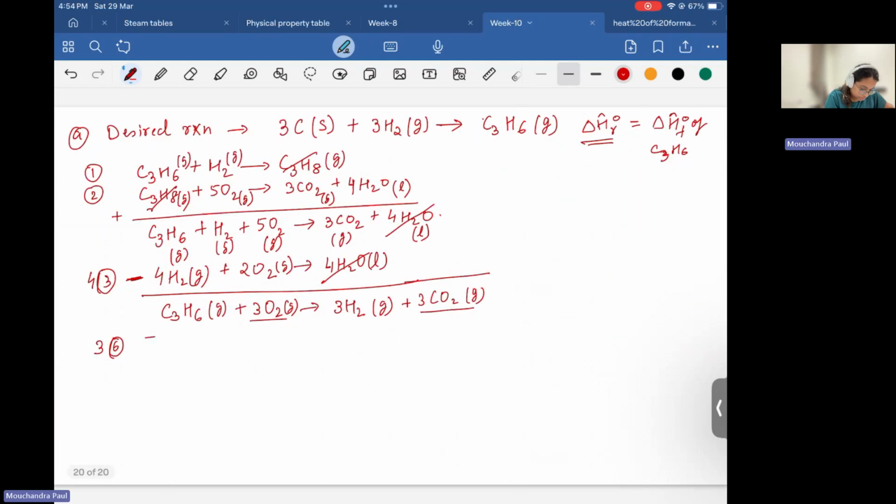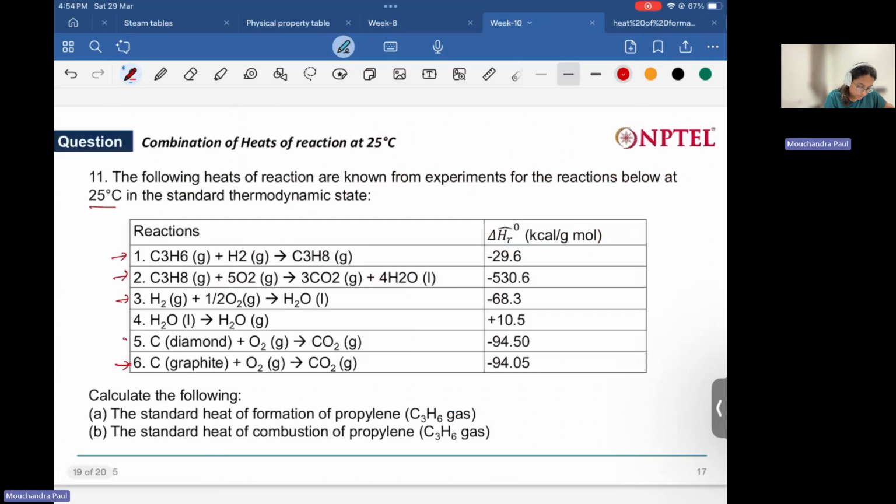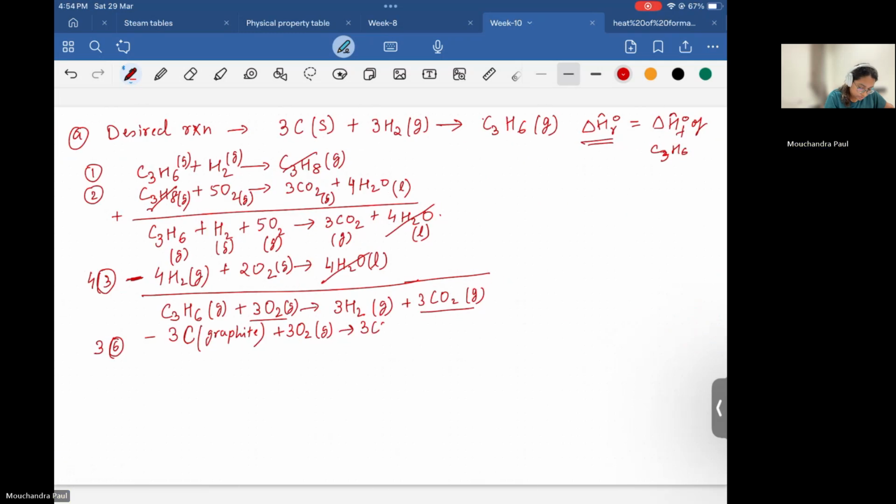So 3 carbon in graphite state plus 3 O2 gives 3 CO2. Upon subtraction, we will remove these two and these two components.